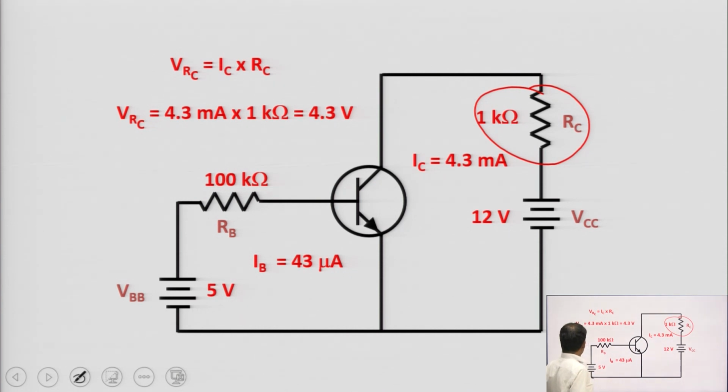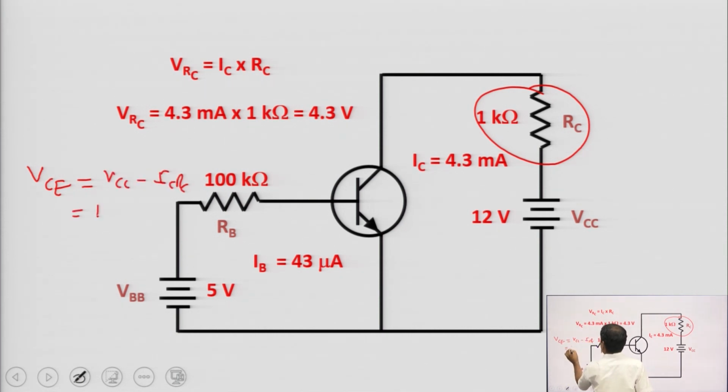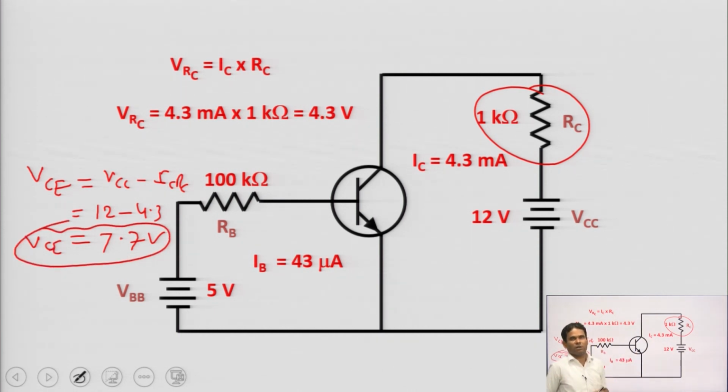We can write VCE is equal to VCC minus IC RC, which is 12 minus 4.3 volt, and it becomes 7.7 volt. This is called VCE. So, in the same way we can easily solve this type of numerical.